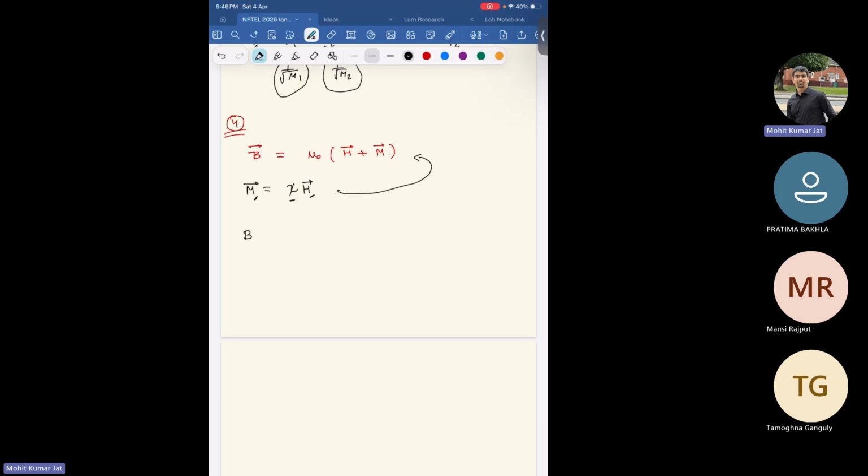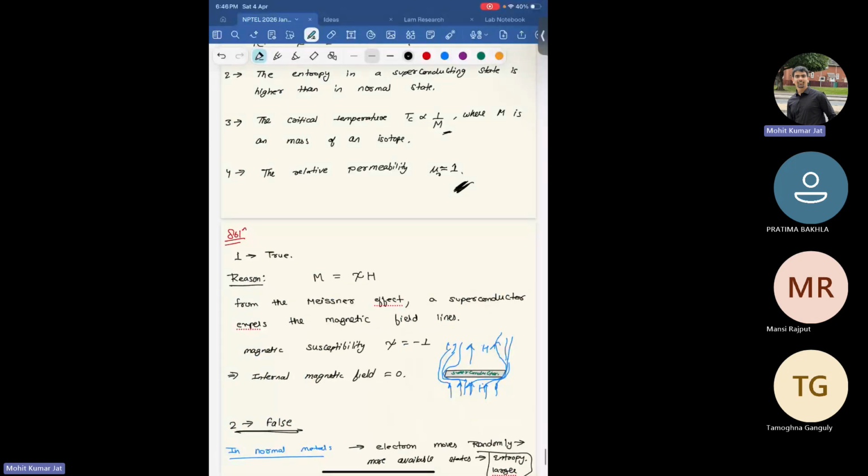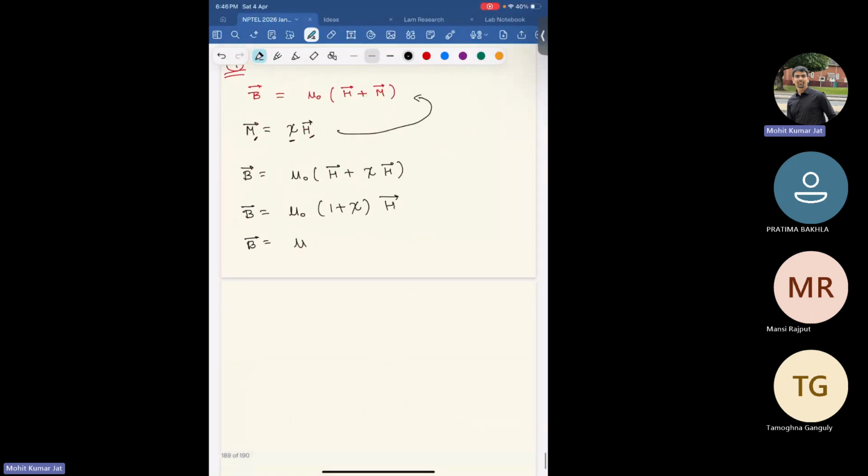If you do so, what you get is B = mu naught H + chi H, so B = mu naught (1 + chi) H. I can write it as B = mu times mu_r times H, with the relative permeability mu_r as given here.